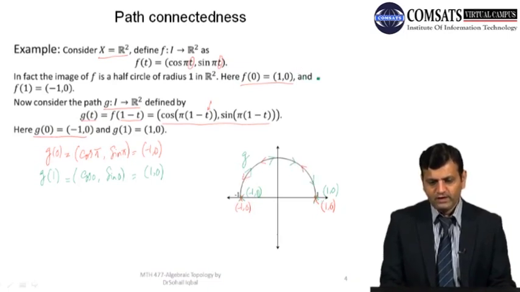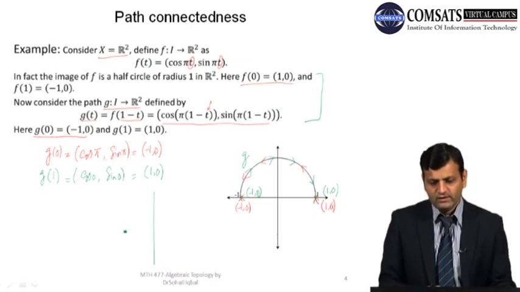So these two paths are different, and the only difference in these two paths is the direction. The end point of f is the beginning point of g, and the beginning point of f is the end point of g. So that's why it is not just a subset.